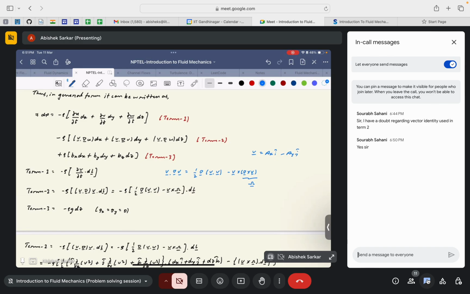Then substitute this expression for the velocity vector in this identity and see whether the condition is satisfied or not. At least in one way you will understand that this vector identity is valid. But the derivation is something I will not be able to do right now.